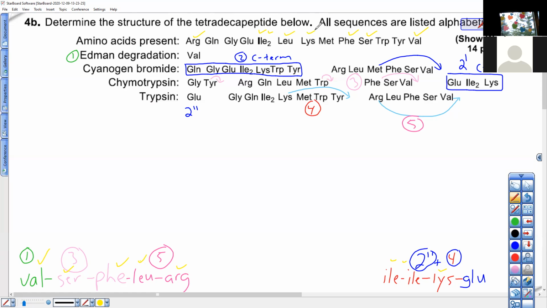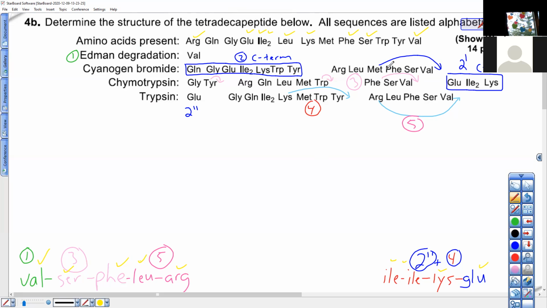Certainly we can do something with the Met. Yeah, I think that's where I'm going next, but finish up what I'm doing. Glu gone. What about Met? Met is with the Val. My goodness, I could have put the Met right here, right now, right?